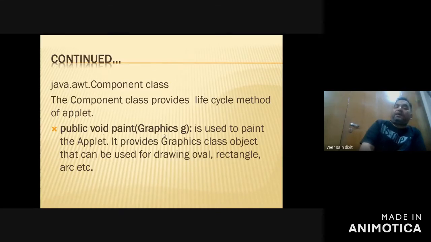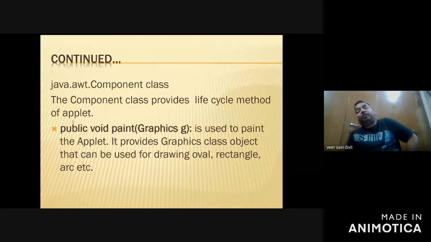Then public void paint(Graphics g). This is used to paint the applet. It provides Graphics class object that can be used for drawing oval, rectangle, arc, any type of image. You can use paint method. Then repaint method, paint method and repaint method is same, but repaint is called when you are going to refresh your web page.